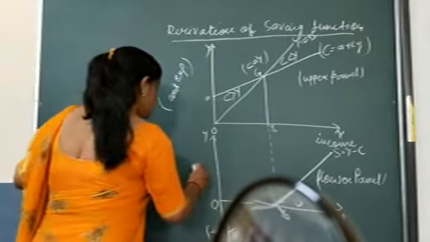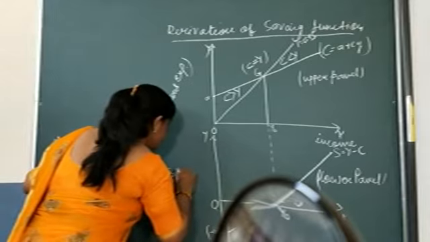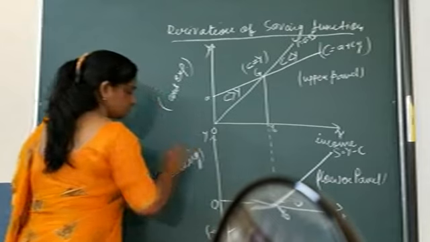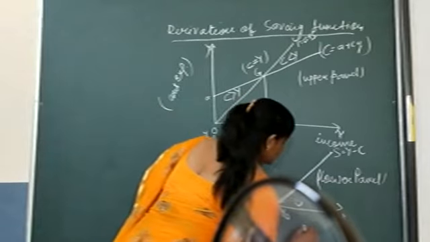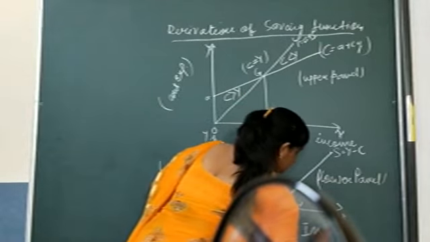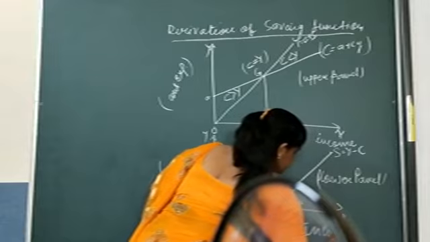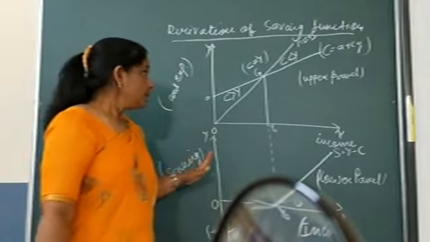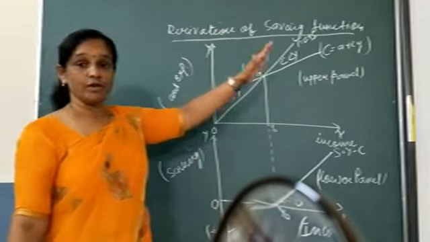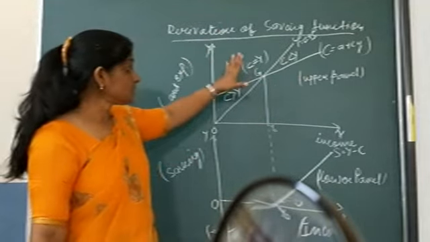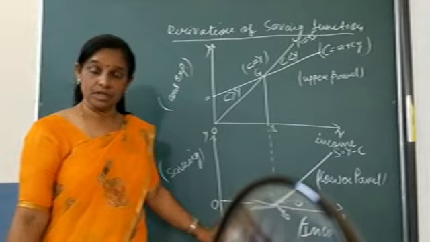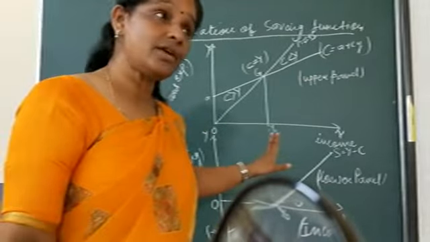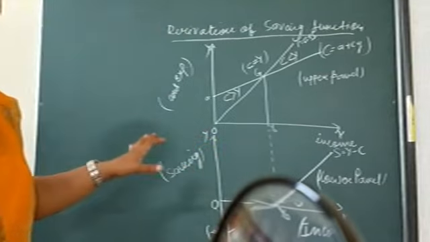So here on the y-axis we will show saving, and here we will show income. Is it clear? Now, the derivation of saving function: first you have to draw this diagram. From the diagram it is clear that saving function is derived from consumption function.